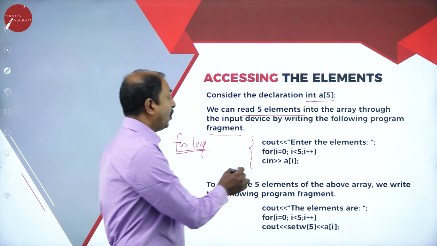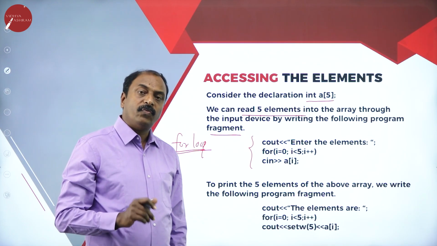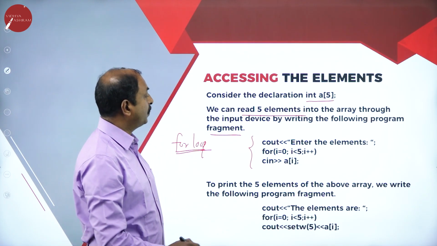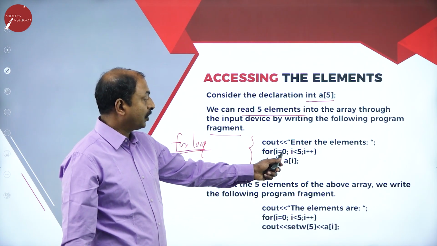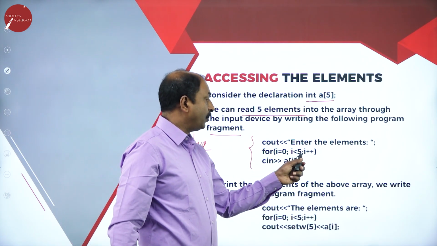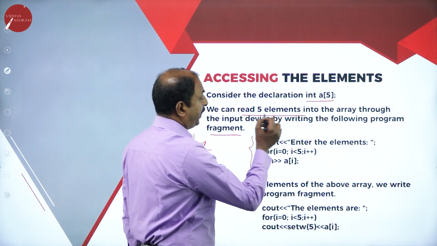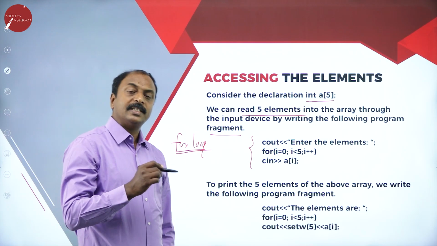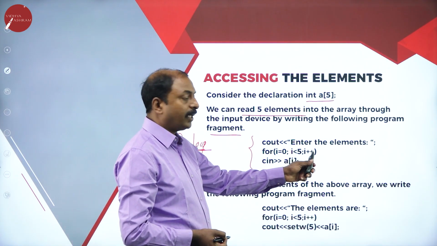The value of i starts at 0, because in an array the first index is 0. So a of 0, where a is the name of an array. The starting value is 0, and in the example the size is 5, so it should be less than 5, meaning the last index is 4.